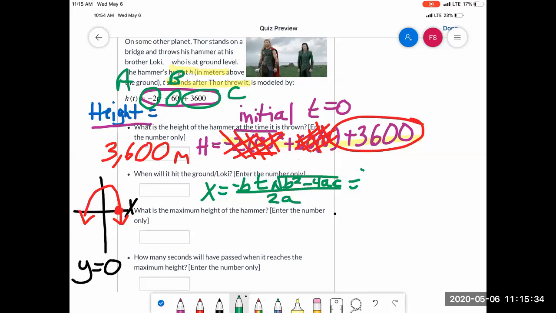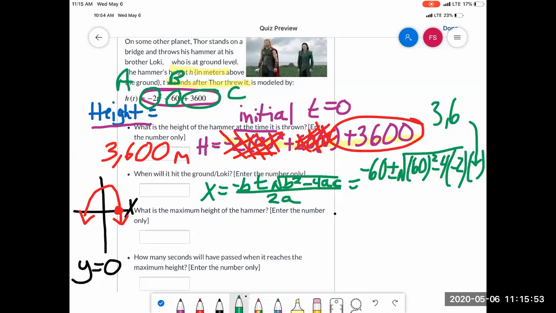So we would have -60 plus or minus the square root of 60 squared, and I know I'm running out of room here, minus 4 times -2. And then in that parentheses is going to be times 3,600, all over 2 times -2.